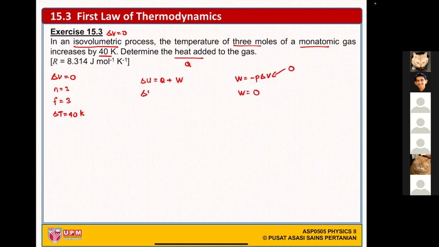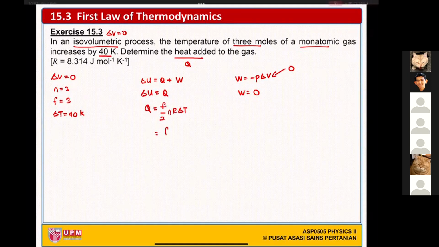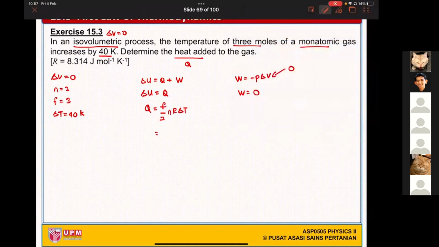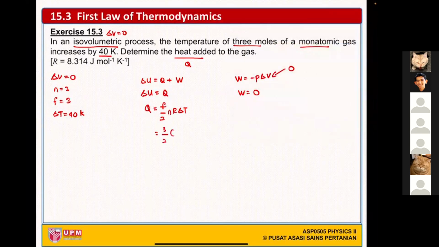Jadi kita boleh tulis delta U is equal to Q. Jadi Q is equal to F divided by 2 and R the change in T. Jadi Q is equal to 3 divided by 2 multiplied by 3 multiplied by 8.314 multiplied by 40.